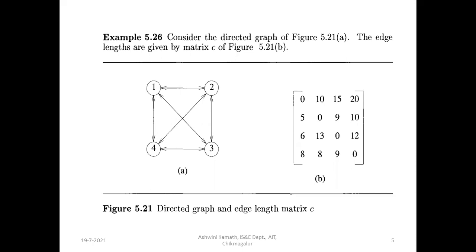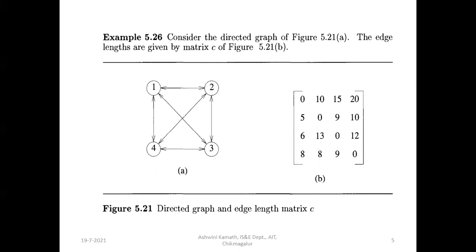If the graph is like this, then only we can solve this problem using the dynamic programming method. It should be a complete graph. Complete graph means there must be an edge between each pair of vertices.